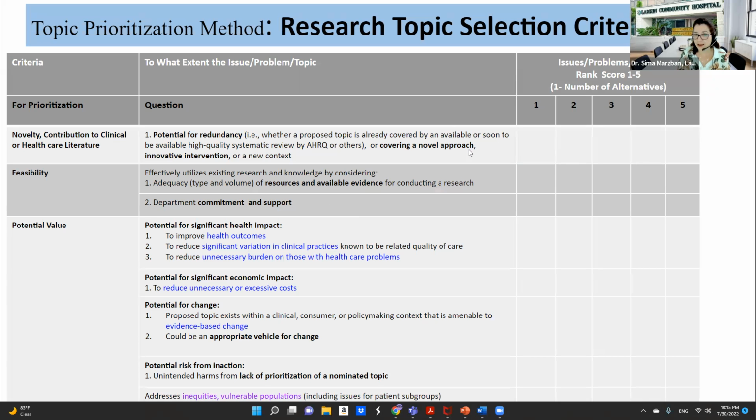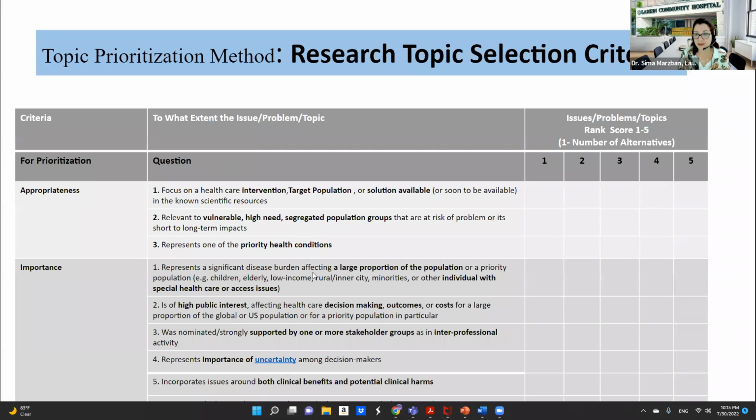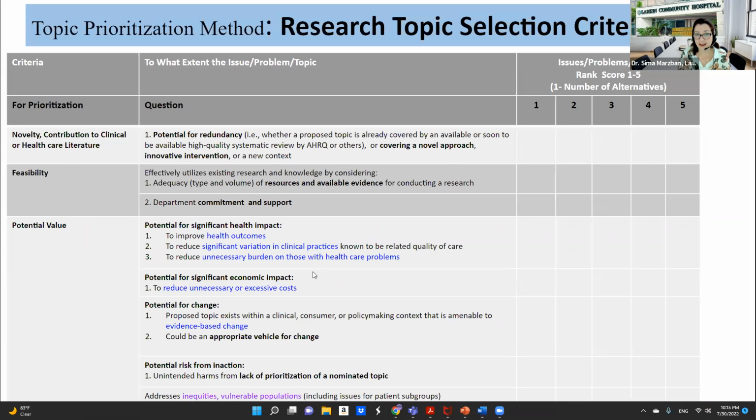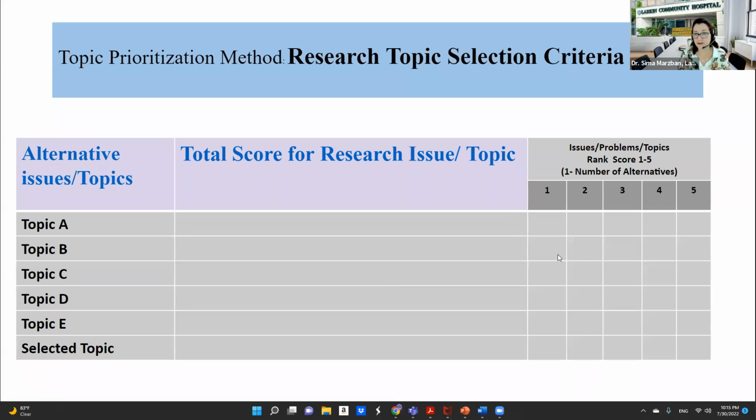If, for example, this topic A has some scores here, you should count the total of both of these worksheets, and as a result, put the total here as total score for research issue A, total score for research issue B, and then compare these scores.